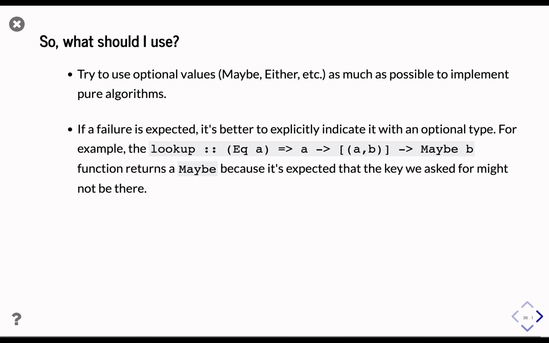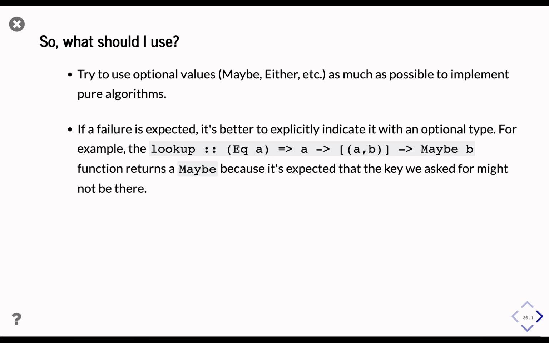For example, the lookup function, a function that takes a value and searches inside a list of tuples for a tuple that has the same value as key and returns the second value as result. This lookup function returns a Maybe because it's expected that the key we ask for might not be there.